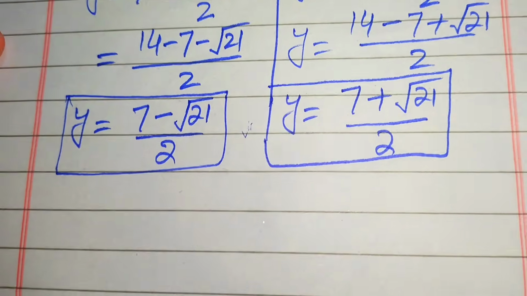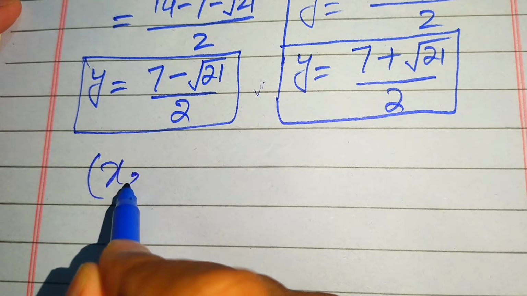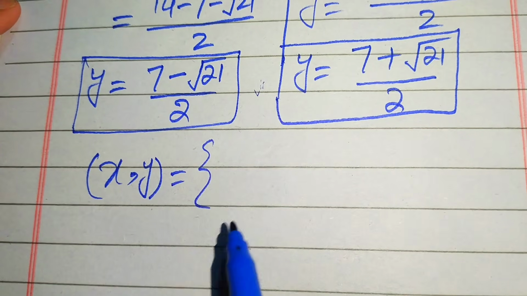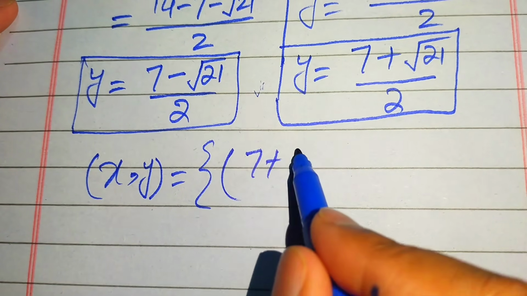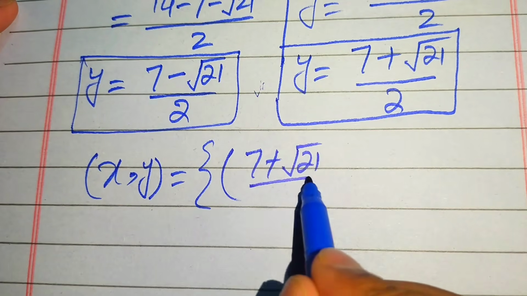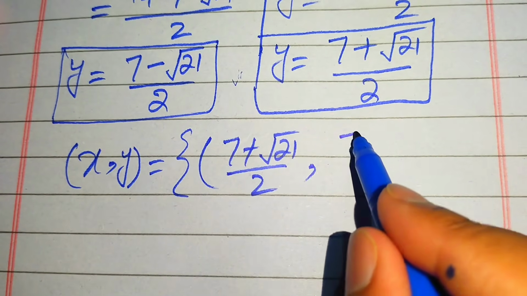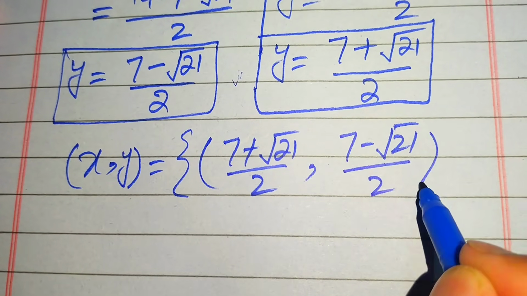And finally we have two solutions of the given equation. So we have the ordered pair of solution (x, y), where the value of x is 7 plus square root of 21 divided by 2, and the corresponding value of y is 7 minus square root of 21 divided by 2.